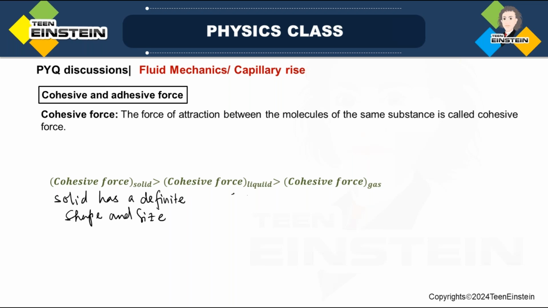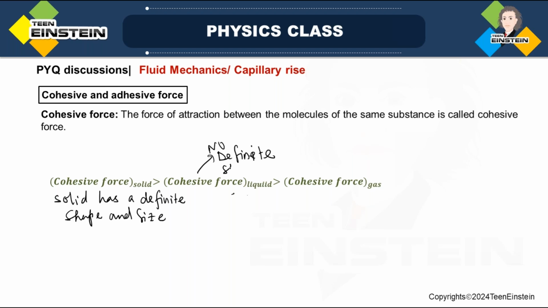So this is the reason the cohesive force between solid molecules will be the strongest. Then liquids, they have a definite volume obviously, but they don't have a definite shape.